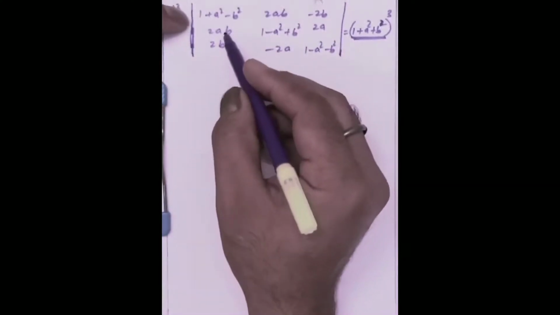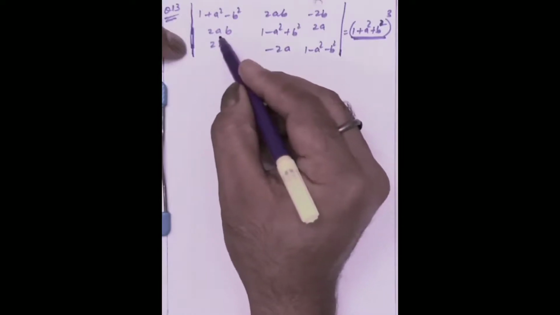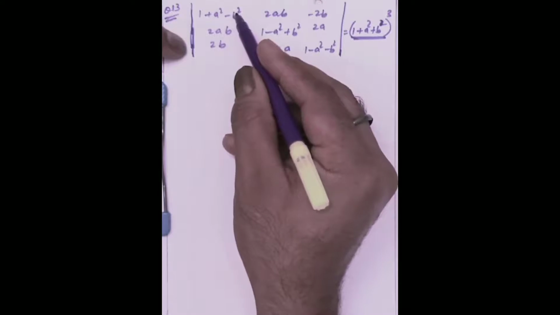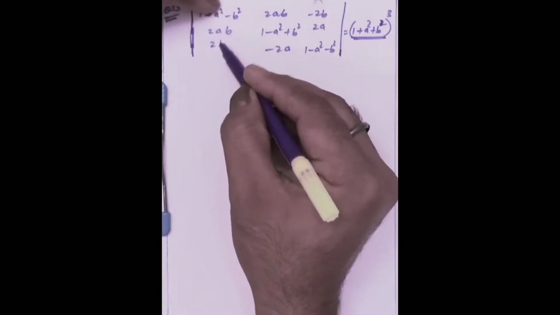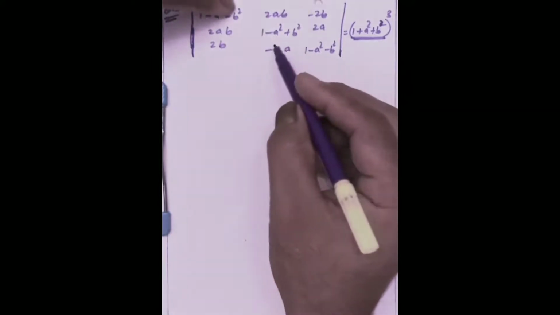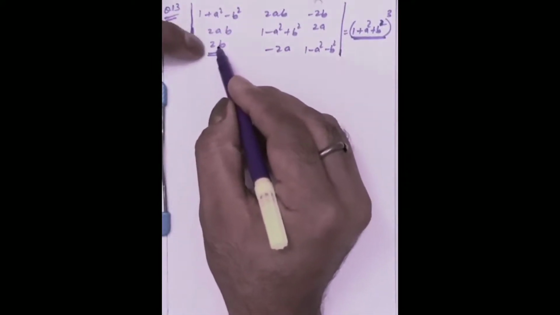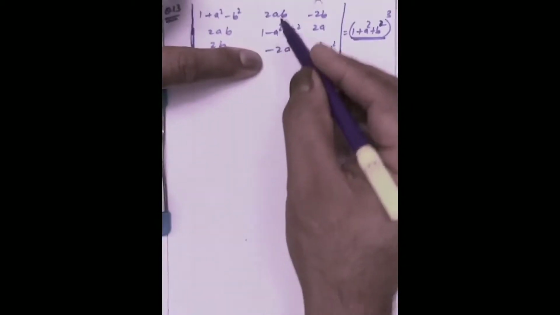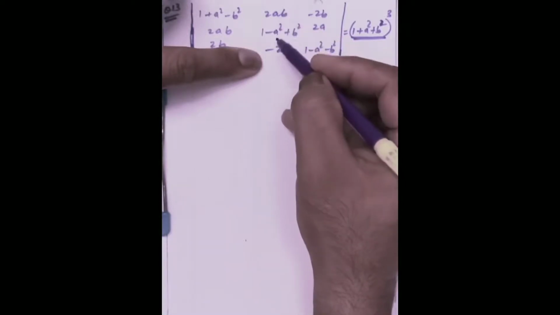So look at here, if it is 2b square, and we add it into this, then this will become 1 plus a square plus 2b square minus b square, which is plus b square. That means we are multiplying this by b, so then b is here. Now look at here, b minus 2ab, then we will be adding it into this, then it will be 0.